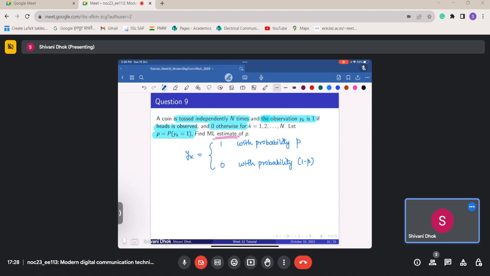And what we need to do is we need to find the ML estimate of p. That is, we need to find p hat, which is equal to argmax over p of f of y given p, which is also equal to argmax over p of log of f of y given p. Okay.